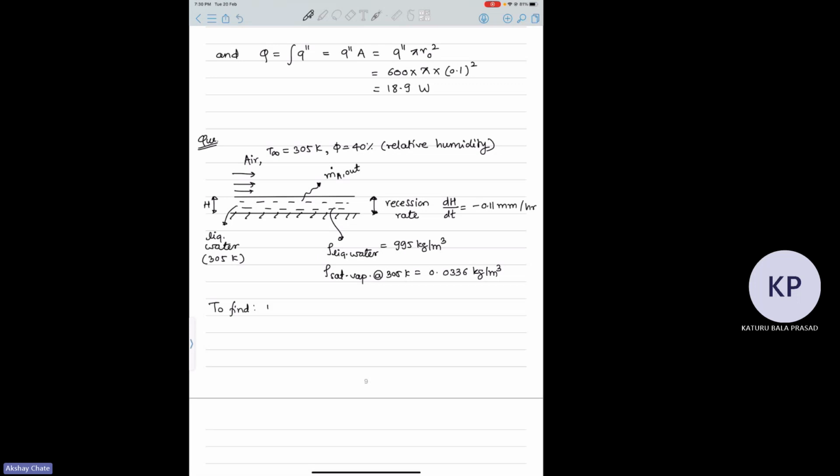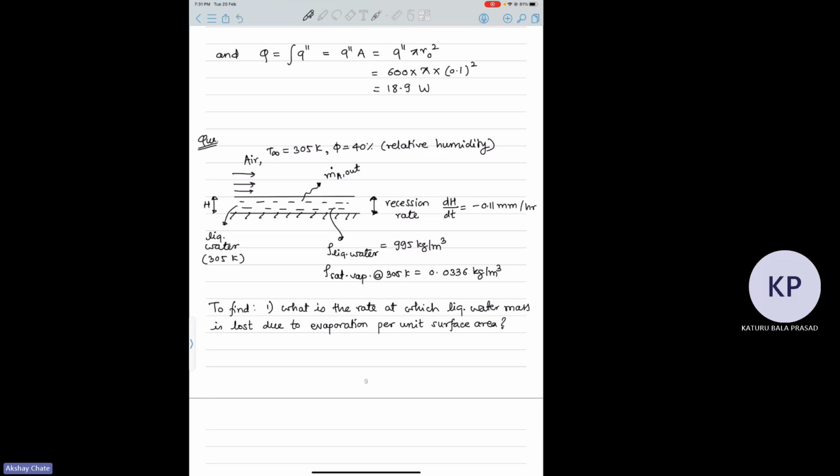So first part is, what is the rate at which liquid water mass is lost due to evaporation per unit surface area.